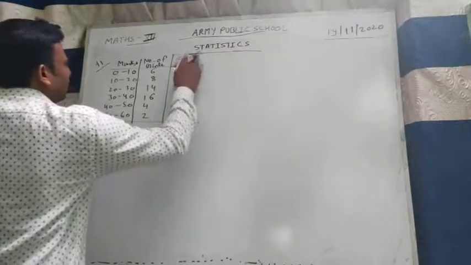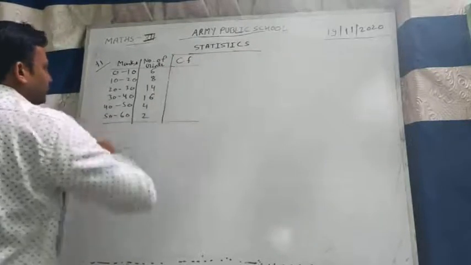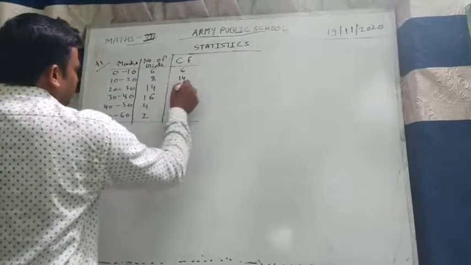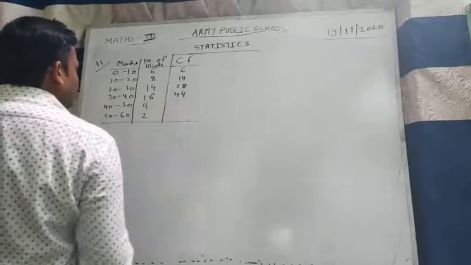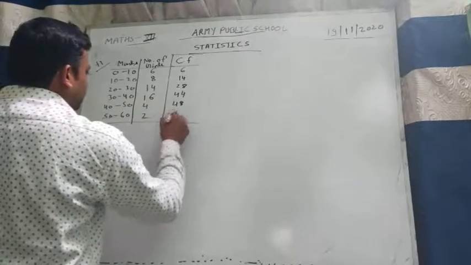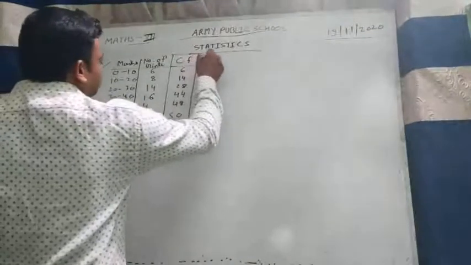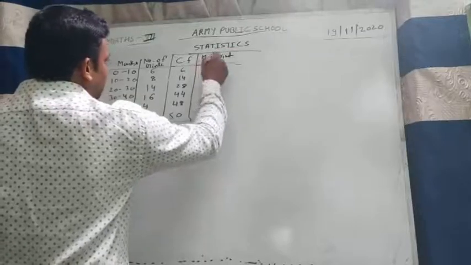Okay, so to find the median, we will first calculate what? First we write CF. So CF will be what? 6, 14, 28, 44, and 48. This is 50. Now we will find our midpoint, which is xi.